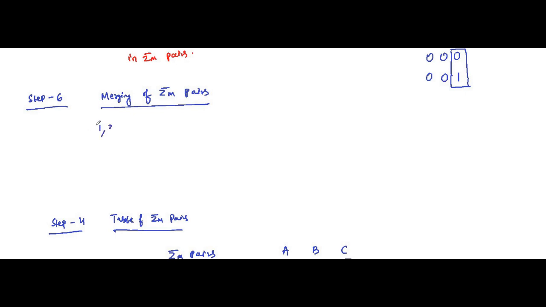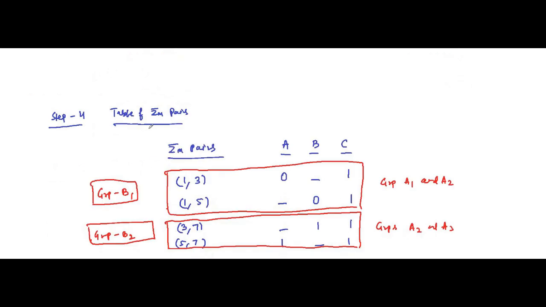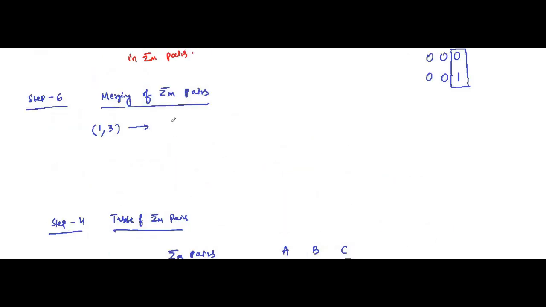1 3 has the binary representation 0 dash 1. And 3 7 has the binary representation dash 1 1. So here, as you can see, it is different in the MSB position.